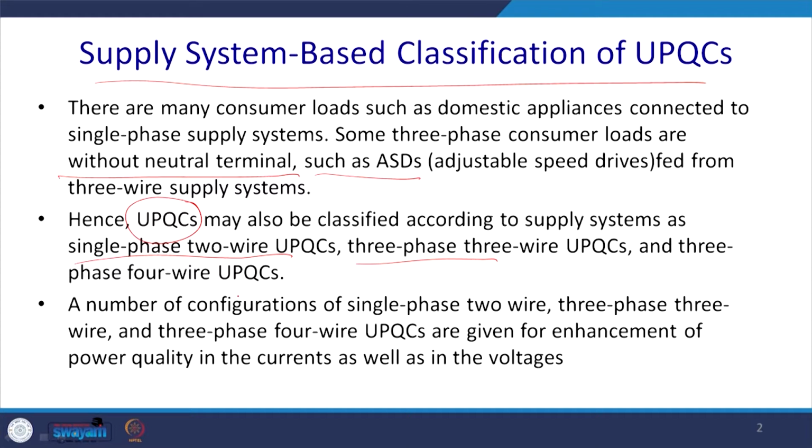The number of configurations we will discuss now, of single phase 2 wire, 3 phase 3 wire and 3 phase 4 wire system UPQC, are given for the enhancement of the power quality in the current as well as the voltages. So, that is something we require to ensure; we require to find out what is the source of the harmonics or the disturbance.